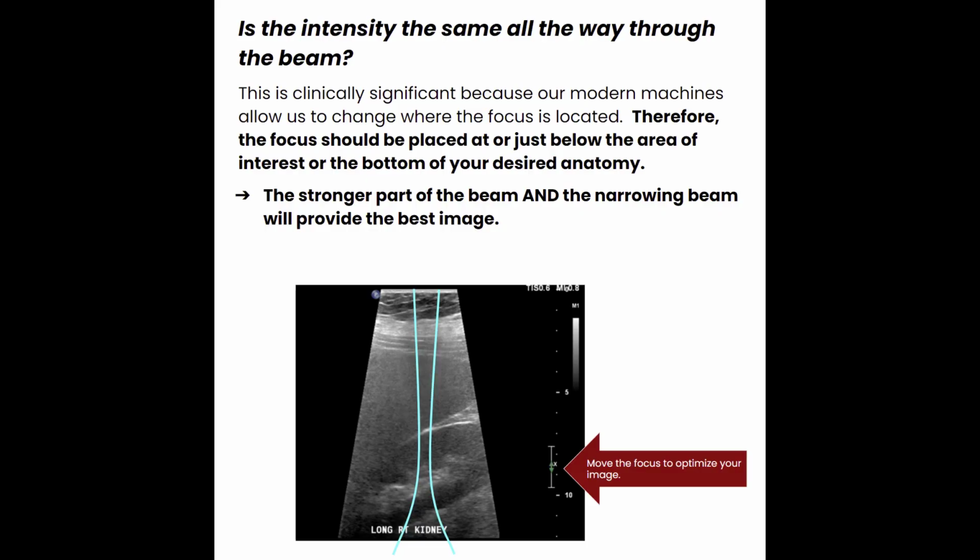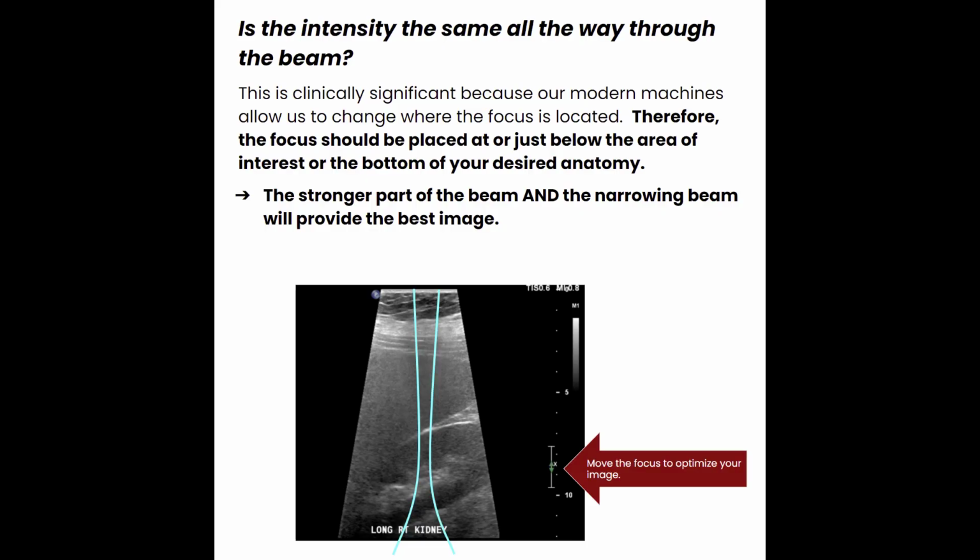However, it gets a little bit more complex than that when we are actually using the beam in soft tissue or in a medium that's going to cause attenuation. So again, all the images that we've been using are not taking attenuation into account. So we're acting as if they could just go on and on and on forever. But that's not true in the clinical setting. The beam comes in, it's going to lose some of that power because of attenuation, but it's also going to gain some of that power because of narrowing.